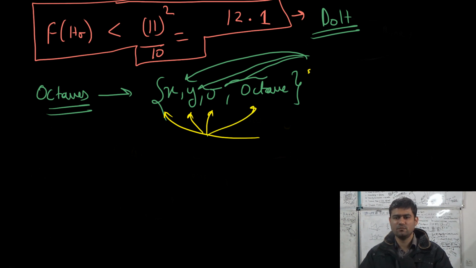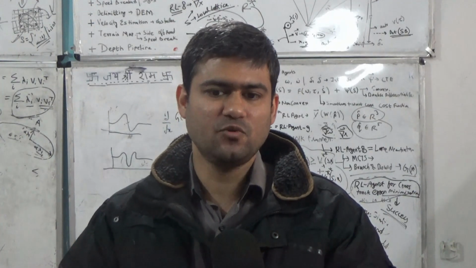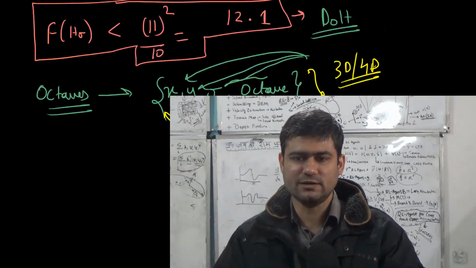So the leftover blob points after this 3D or 4D search, it can be 4D only when we are using octaves.